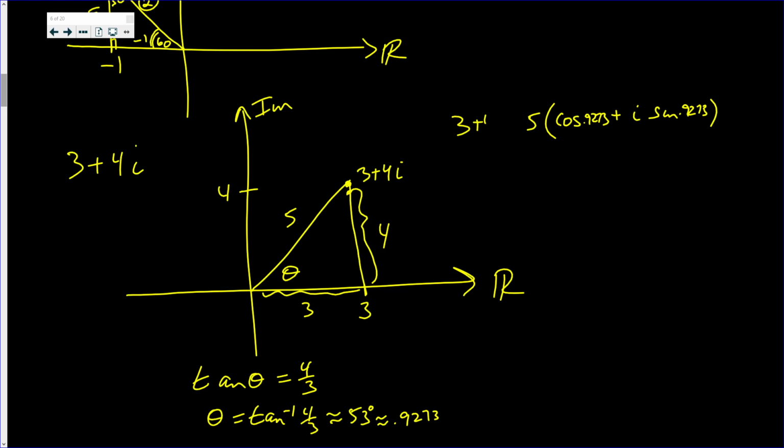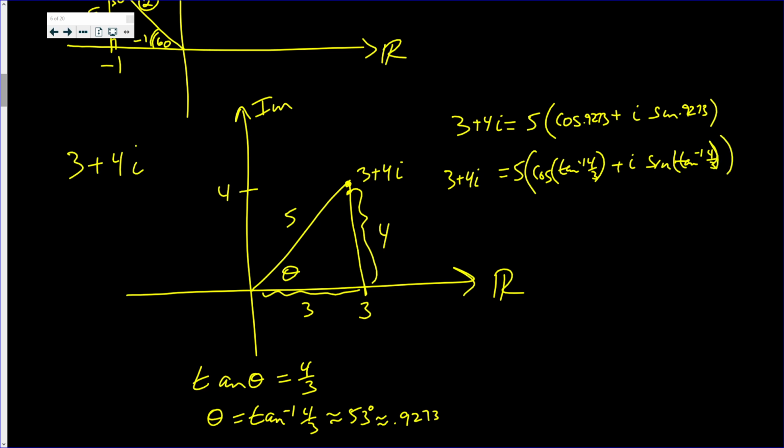if we wanted the exact answer, we can say that 3 plus 4i is equal to 5 times the cosine of the angle, and the angle is the arctan of 4/3, plus i times the sine of, I used a different word, but it's the same as tan inverse of 4/3.